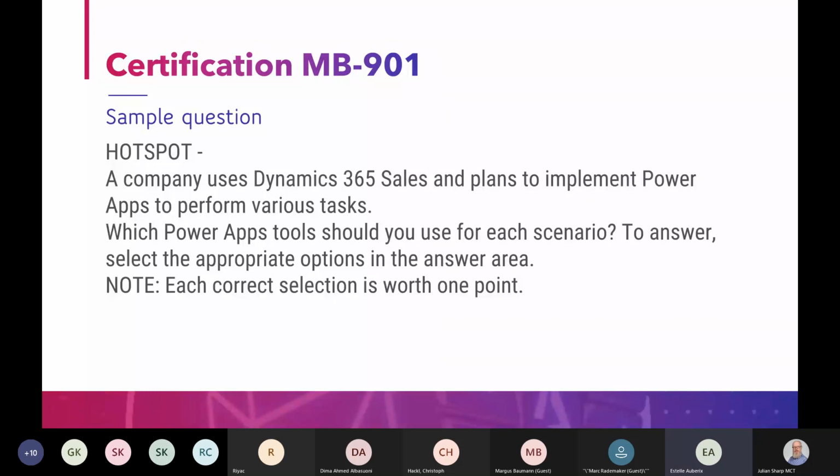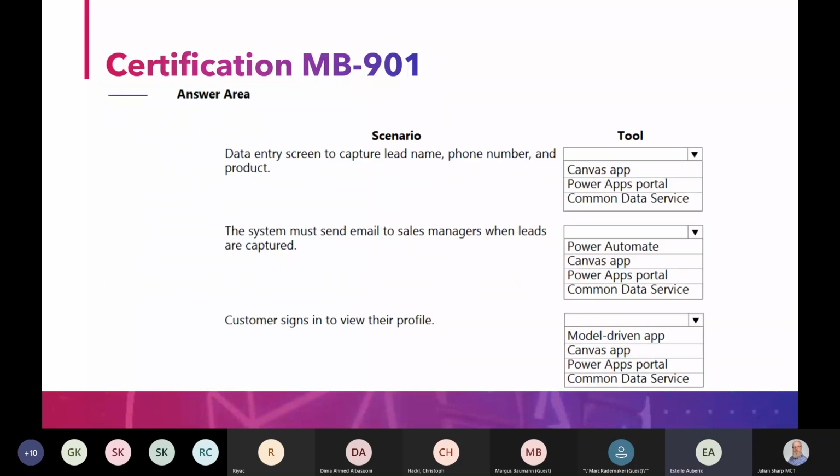I put this example of question to show you that you have a lot of multiple choice questions, but sometimes you also have this kind of question where you have multiple choices in multiple scenarios.